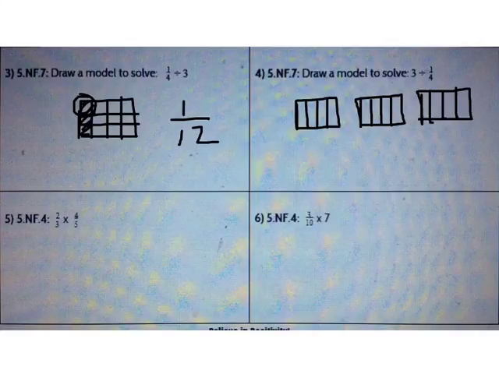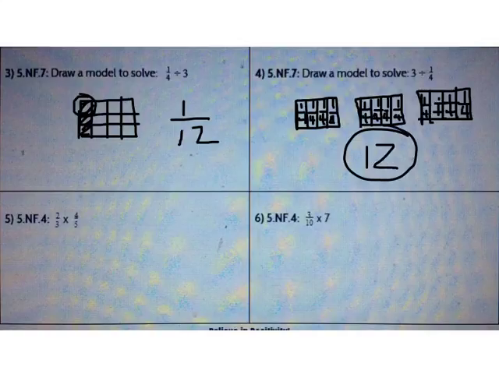Now I can count the fourths. How many fourths are there? What's 3 divided by 1/4? 3 divided by 1/4 is 12.